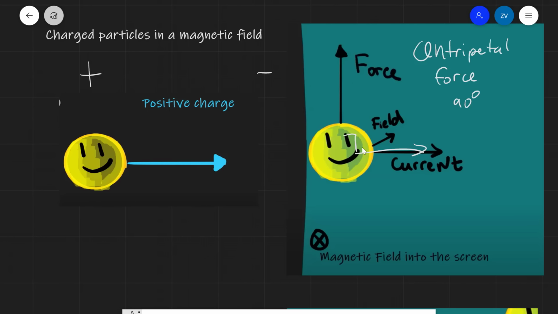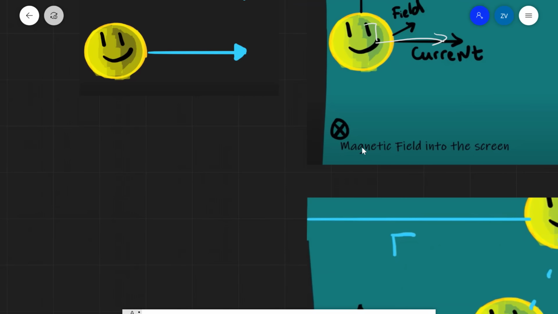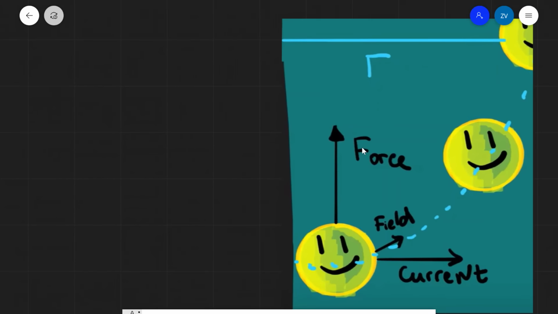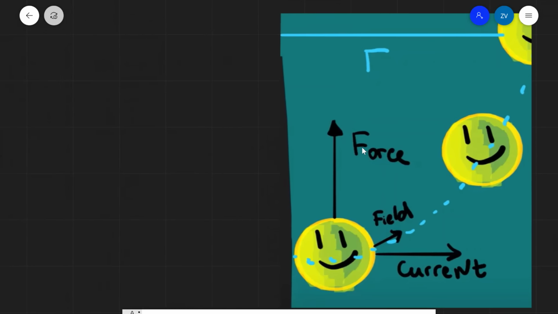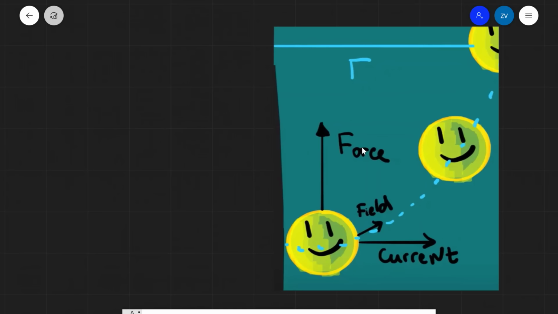It will always be pointing towards the center. So what will happen to this charge is that it will actually start to curve within the region of that magnetic field. The reason why it starts to curve is because the magnetic force is acting as a centripetal force.